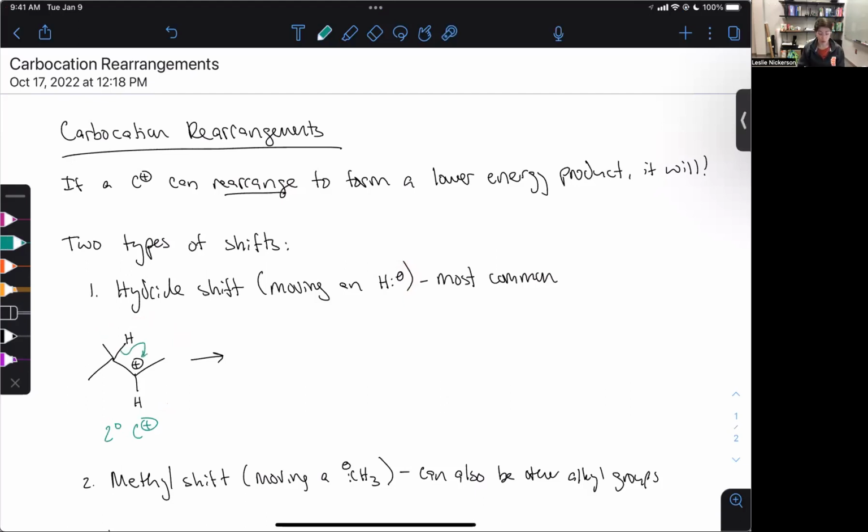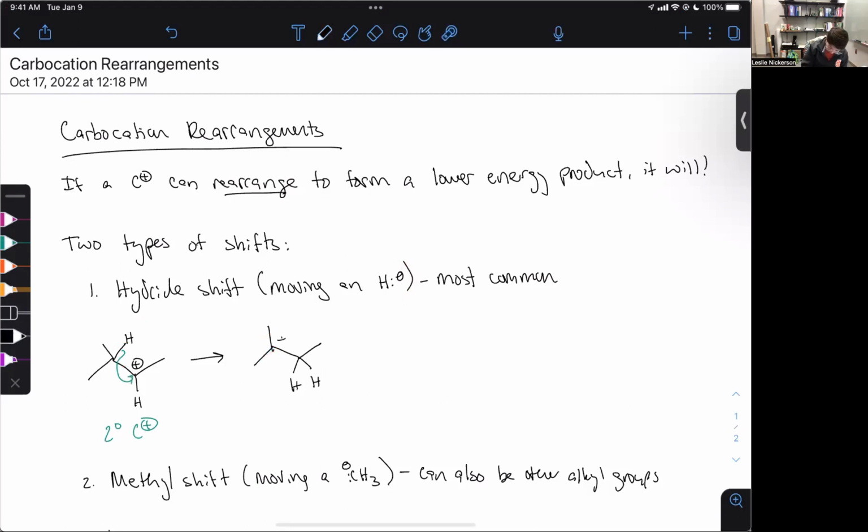I'm going to move that whole bond. Notice that my arrow is coming from the bond. I'm going to point it at the carbon there. So I'm taking the electrons and the H with the bond, making a new CH bond on my carbocation. If we look at what that has done, I now have 2 H's over here, but now I don't have a hydrogen on this carbon.